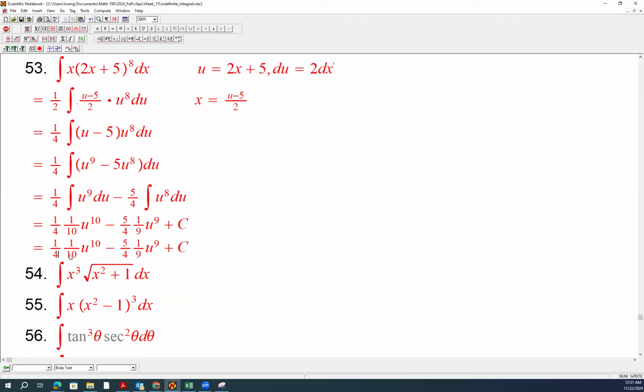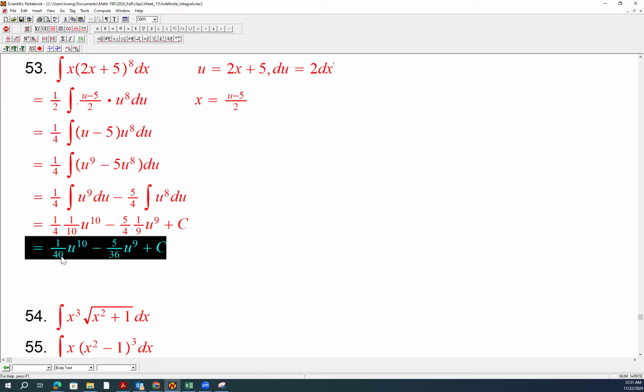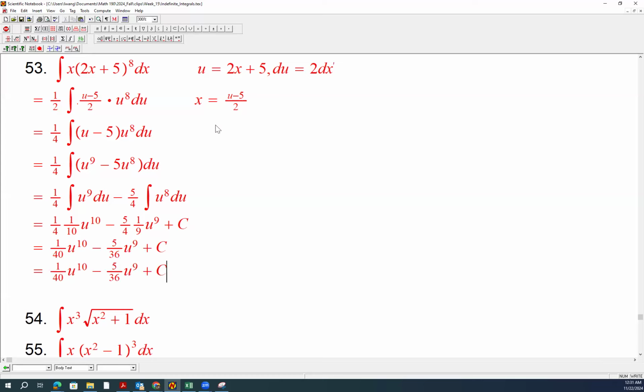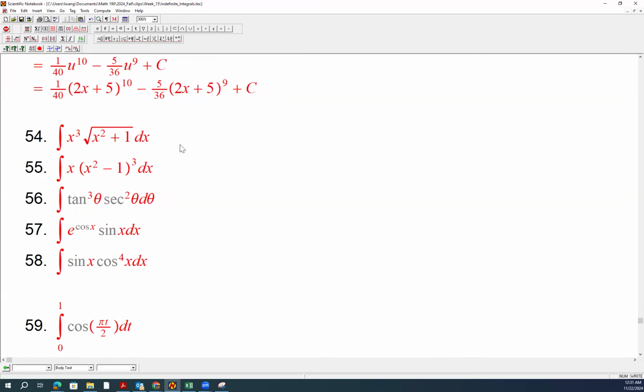So this piece is going to be 1 over 40, and this is 5 over 36, right? And last but not least, we'll bring you back to our last expression, and I will substitute every u properly. All right, I think we can finish.